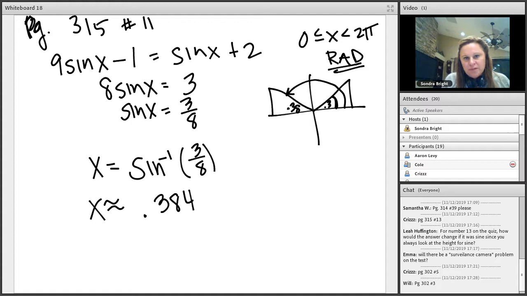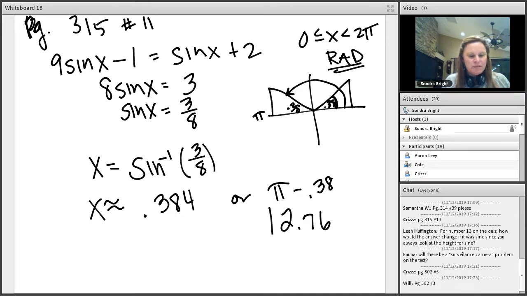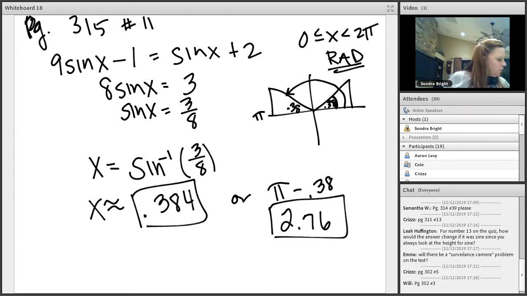If this is 0.38, then so is that one. And this is pi, so the other angle is pi minus 0.38. Pi minus my answer, and that gives me 2.757. So 2.76 and 0.384.